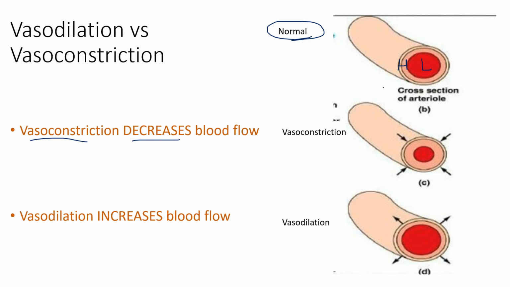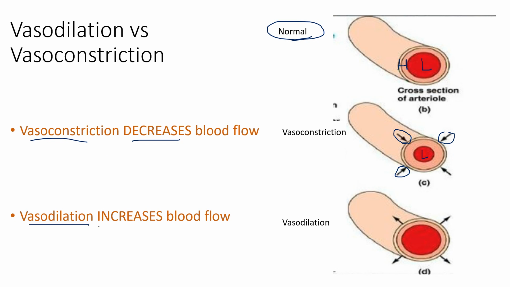Now, under vasoconstriction, notice the diameter of the lumen has gotten smaller. It's showing you that the blood vessel is constricting. Take a look at the arrows. You've decreased the lumen, so you've decreased the amount of space the blood has to pass through. That's going to decrease blood flow. So vasoconstriction equals decreased blood flow.